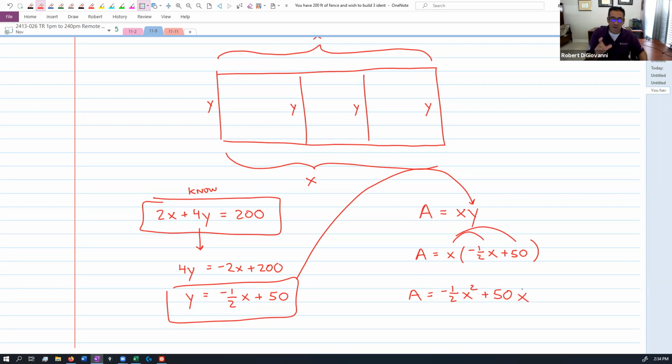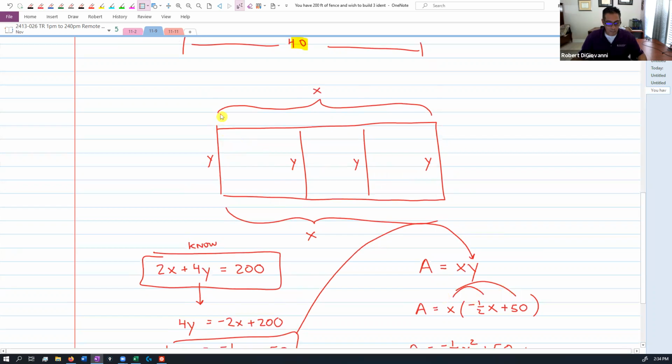And I actually have a restriction on x too. I know that x has to be between something. Look at your picture here. What's the biggest x could possibly be? 100, right? Y could be equal to 0.